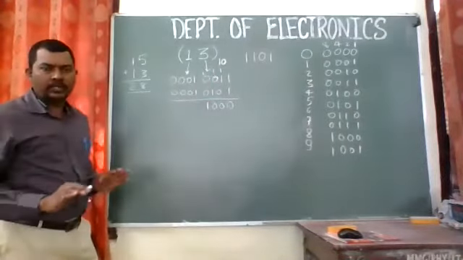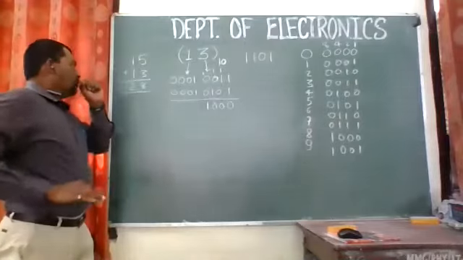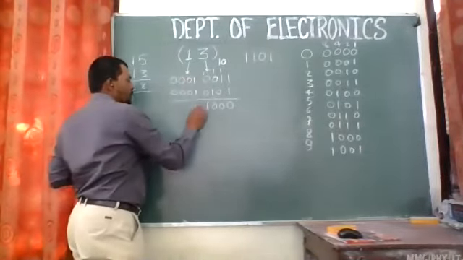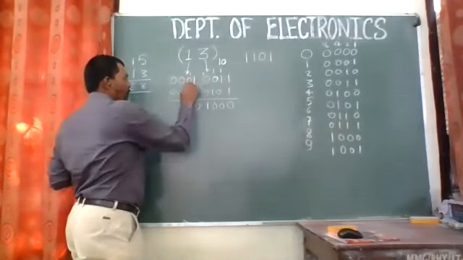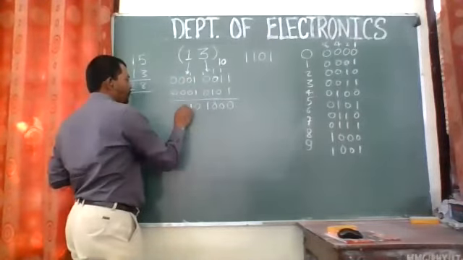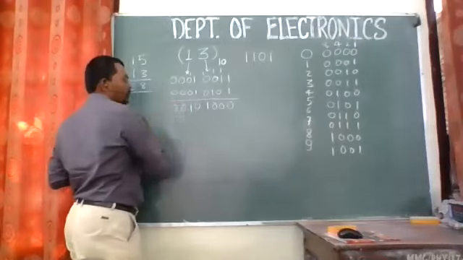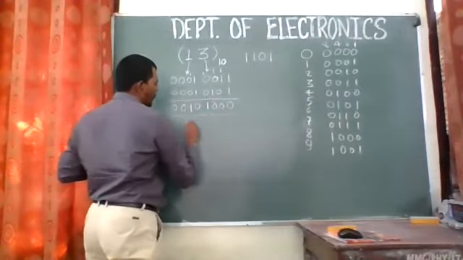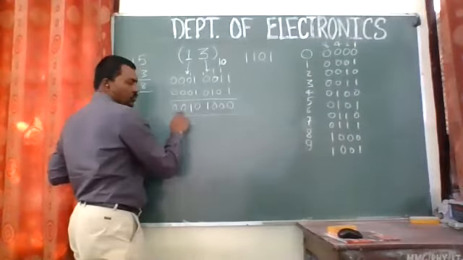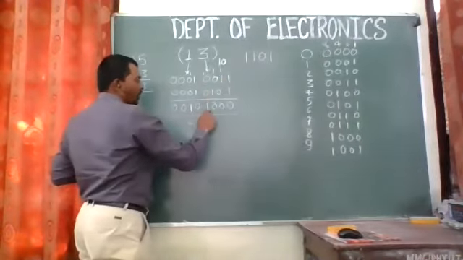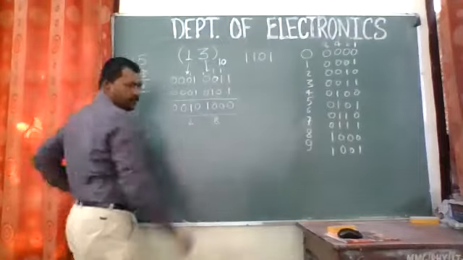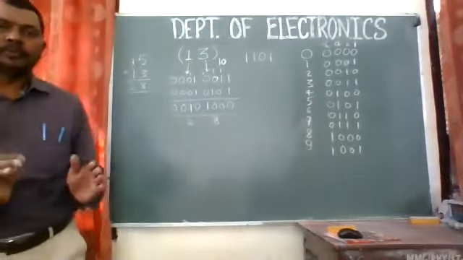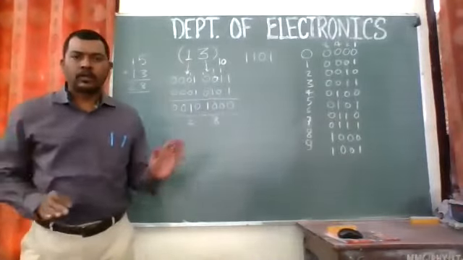By God's grace, no carry is generated there. For the second 4 bits, 1 plus 1 is 0 with a carry 1, 1 plus 0 is 1, 0 plus 0 is 0, 0 plus 0 is 0. So we have 0010 is 2 and 1000 is 8. So 4 bits at a time we add.